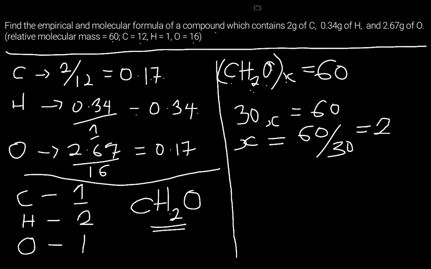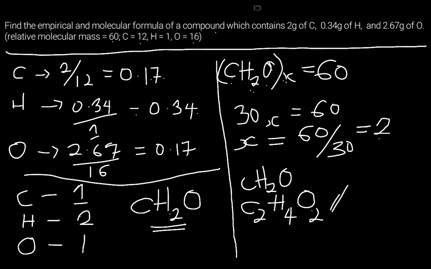For our molecular formula, we multiply the empirical formula CH2O by this factor of 2. So carbon is C2, then hydrogen, 2 times 2 gives us 4, and oxygen, 2 times 1, so O2. This is our molecular formula, C2H4O2.